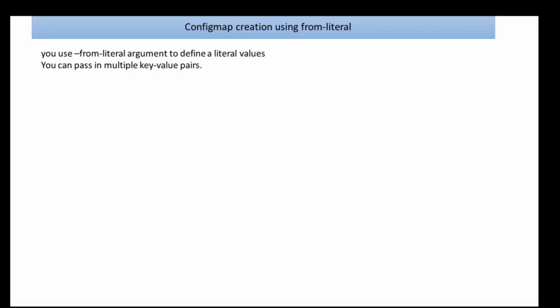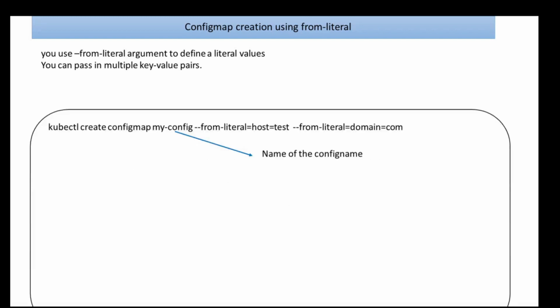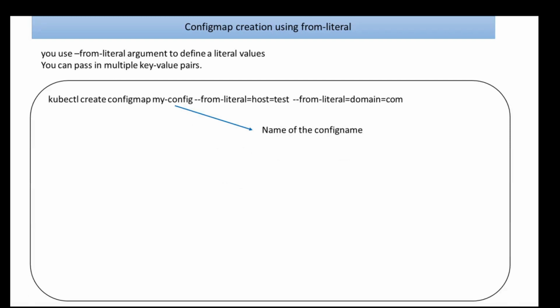Now let's see config map creation using the from-literal option. With the from-literal option you need to pass key and value pairs. Let's see an example. Use kubectl create configmap, and my config map name is my-config. --from-literal host=test. Host is the key and test is the value. I am passing another literal, domain=com, where domain is the key and com is the value. So you can pass multiple literals with keys and values.